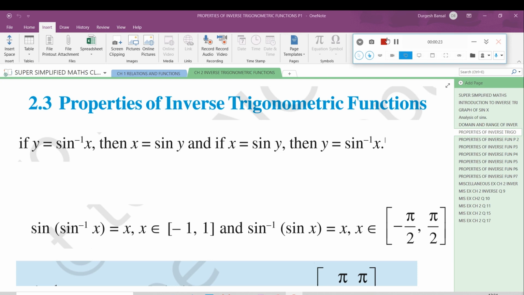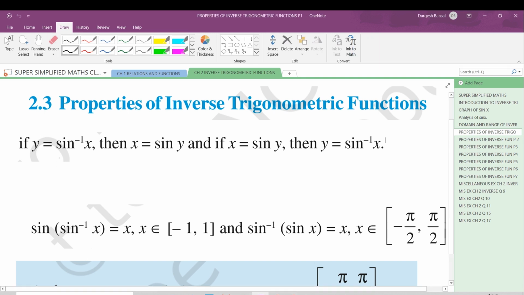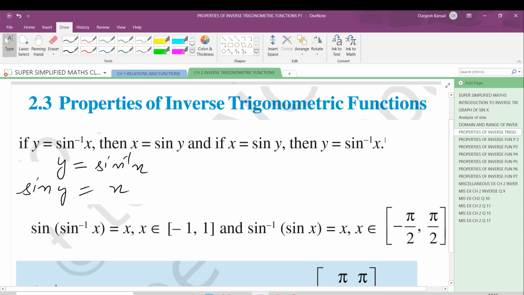So now the very first property, as you can see here, is that if y is sine inverse x, then sine y is equal to x. That means if y is sine inverse x, this property implies x is equal to sine y, and conversely also it is true.